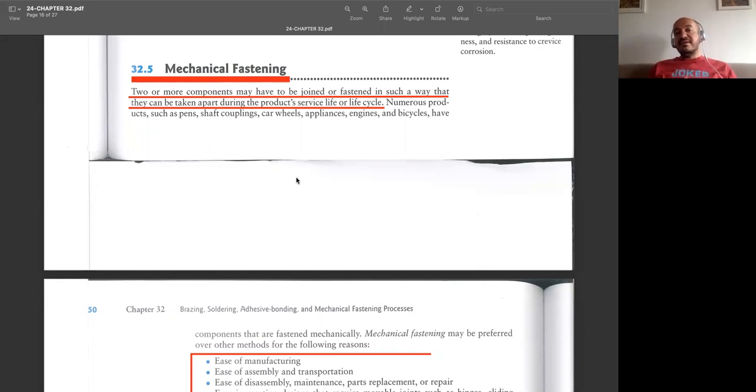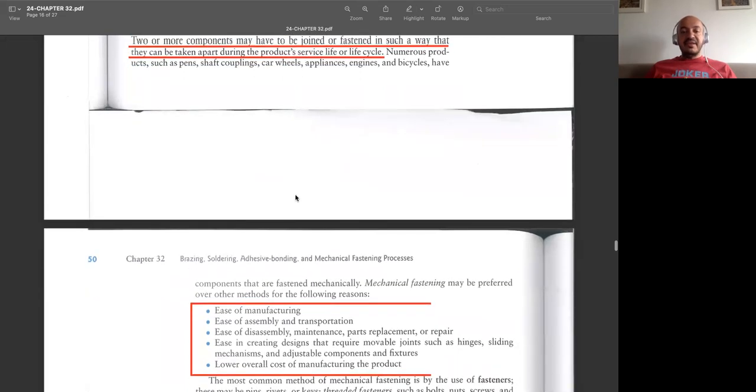Since it's not like brazing or soldering, where with other joining processes you need to collapse the parts or break the assembly. But if you use mechanical fastening methods, then you can easily remove them and check your product, do some service on it, and then use the same fastening items. And with the help of it, the service life can easily be improved.